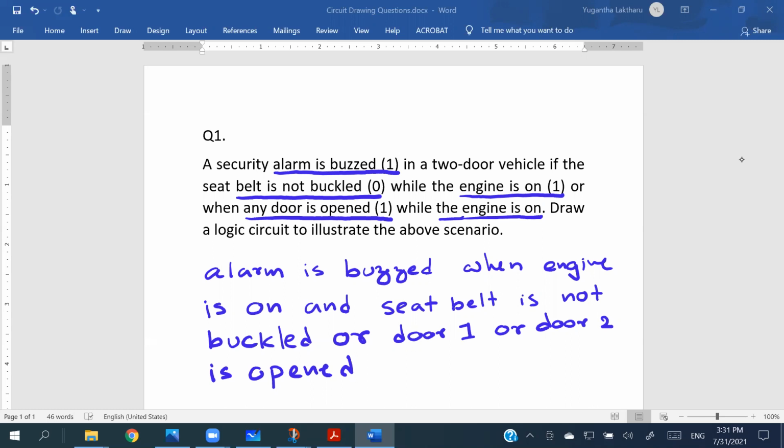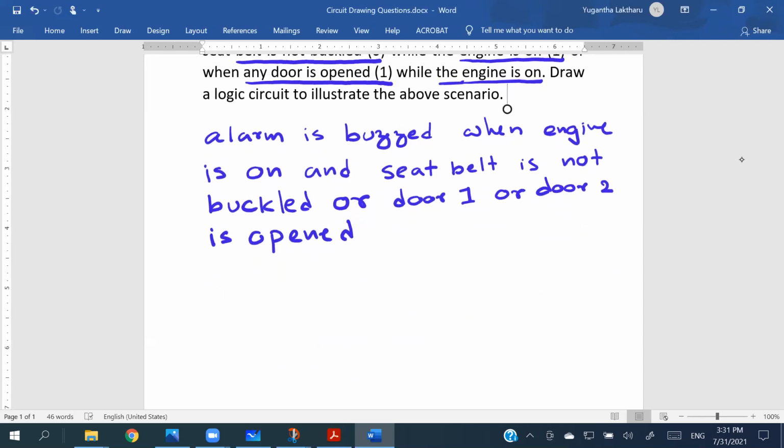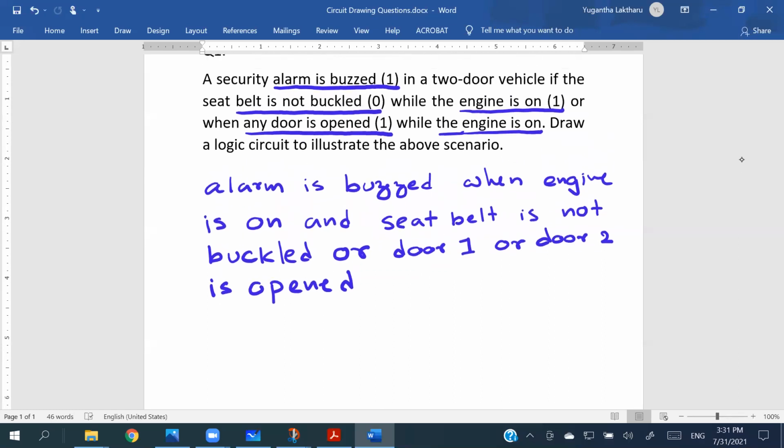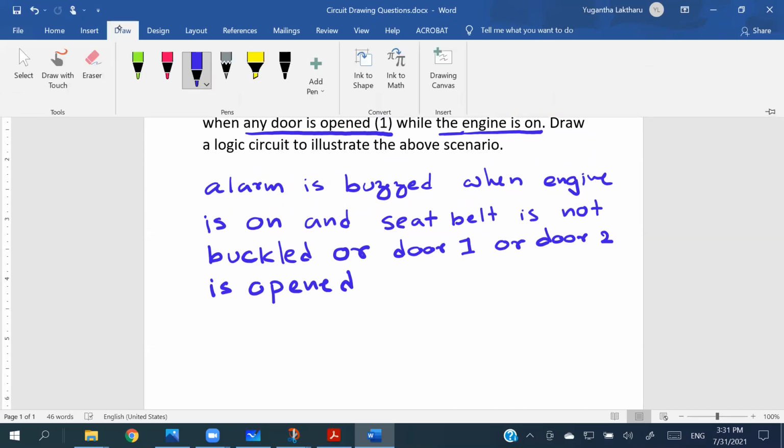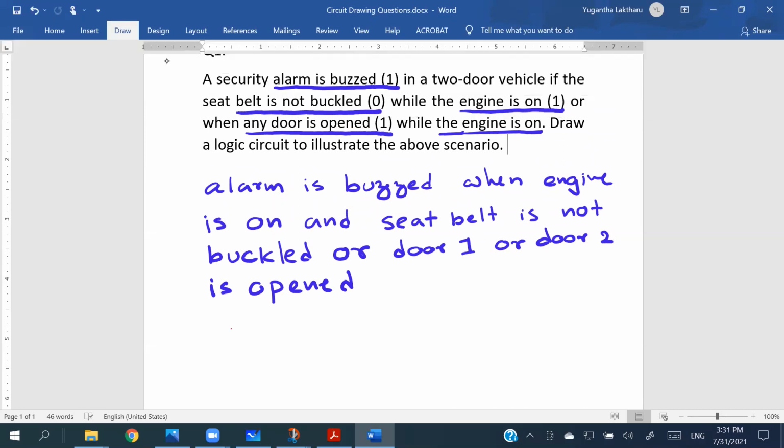Okay. So how are we going to summarize this? If we take alarm as A, so A should be 1, because the alarm is buzzed. And seat belt is not buckled, it's given by 0.